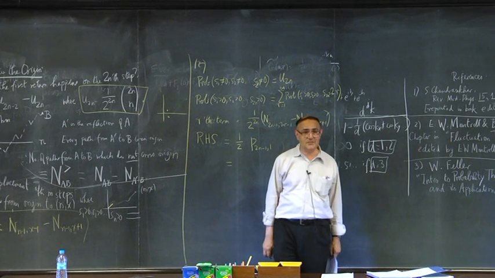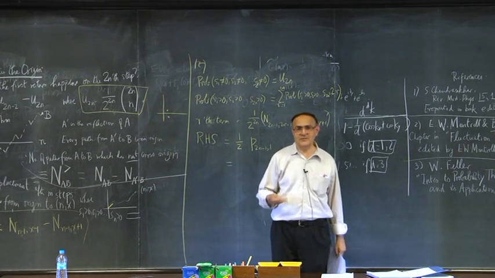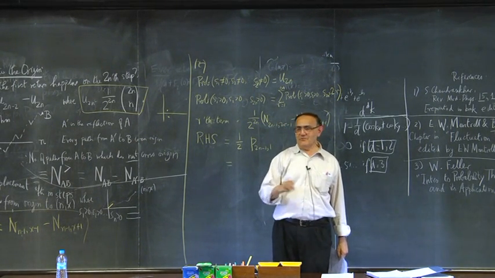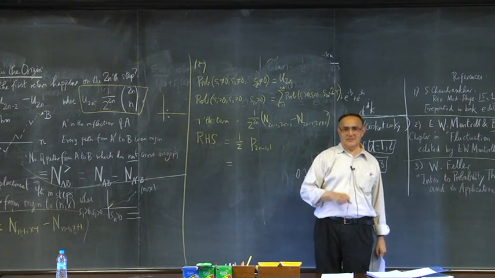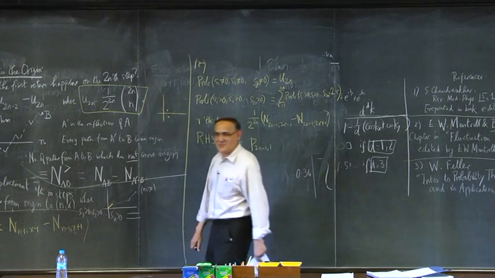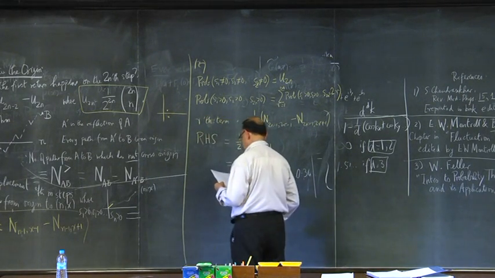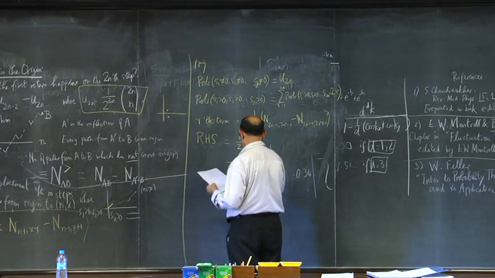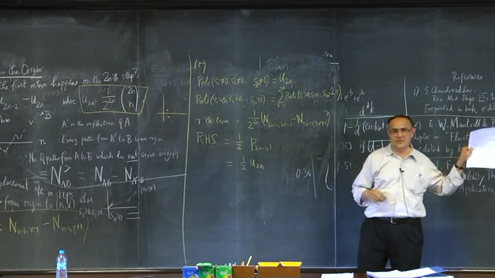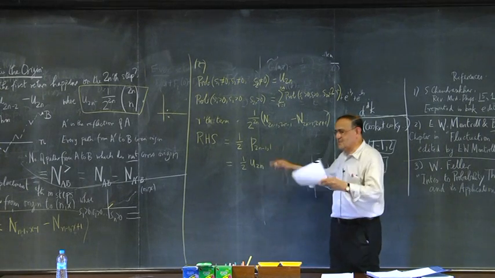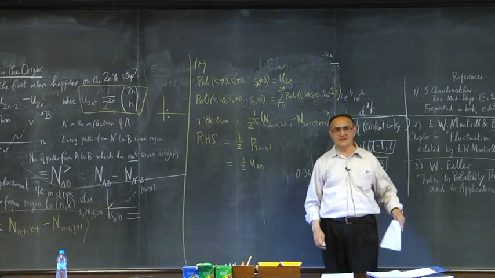Do you know what trite means? It means very commonplace. I mean, not worth Feller spending 3 lines on. So, to be done in your rough work margin. Okay, so please do it. So, a trite calculation shows that this is equal to half u2n. This is very straightforward. Actually, I did it in my rough work margin. You just have to substitute, and it will work out.